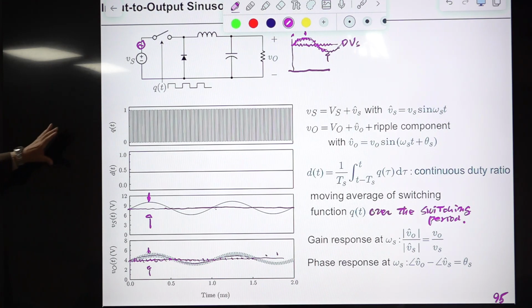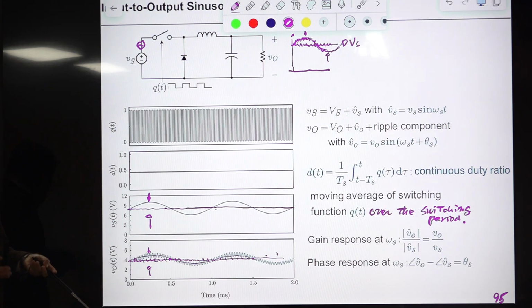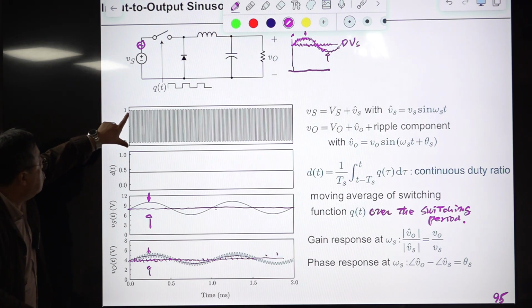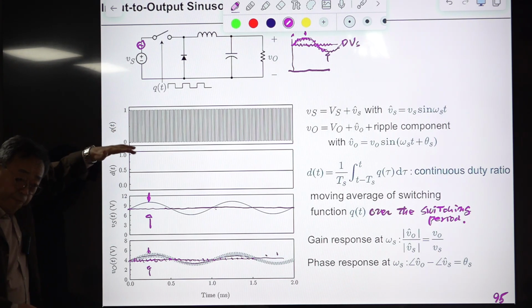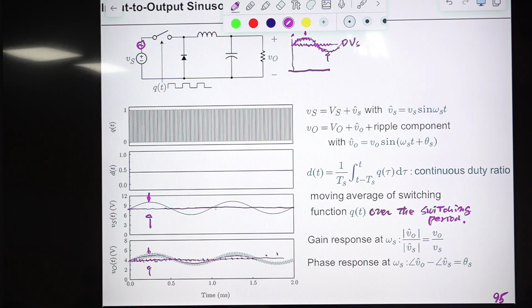If this is periodic, this is a constant. This integration divided by Ts is a constant. Right? Why is that? It does not depend on the value of the duty ratio. If this is periodic, it becomes constant. Okay? Think about this. This is the switch drive signal waveform, something like this, and this duty ratio is fixed.